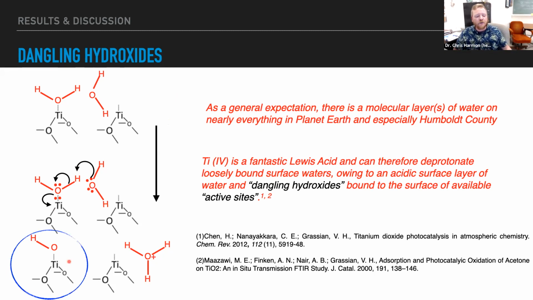And on the surface of most oxides, silicon oxide, aluminum oxide, iron oxide, and so forth, at the interface where you have an incomplete lattice or ledges, kinks, etc., we expect there to be dangling hydroxides in most conditions on planet Earth, okay?